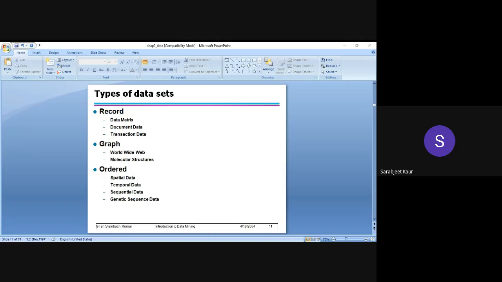So a data matrix is usually distinguished from this kind of data in the sense that a data matrix generally has all numerical values. Okay, so it is amenable to special kinds of mathematical operations that we can do on them.